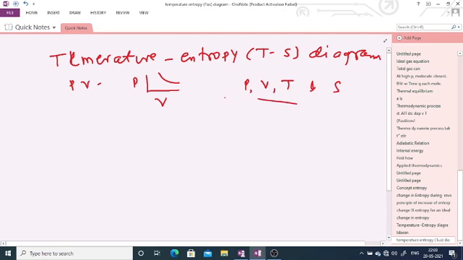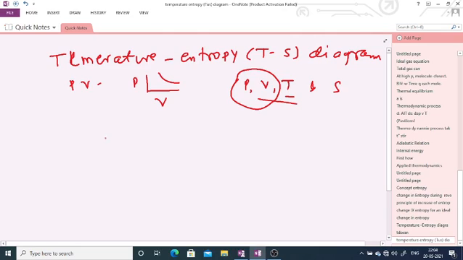So, out of these, we require only two variables to define the state of the system. Any two, it may be any two, because if you know two variables, we can determine the third variable by using the relation.